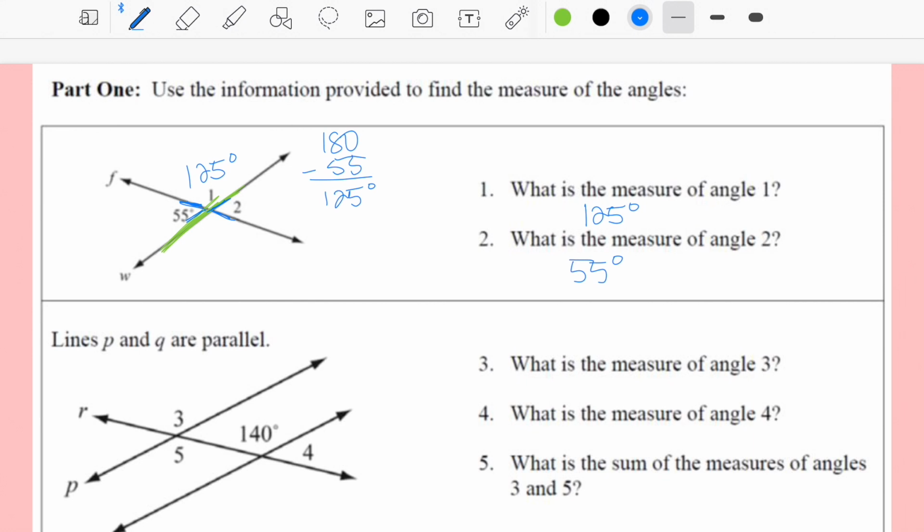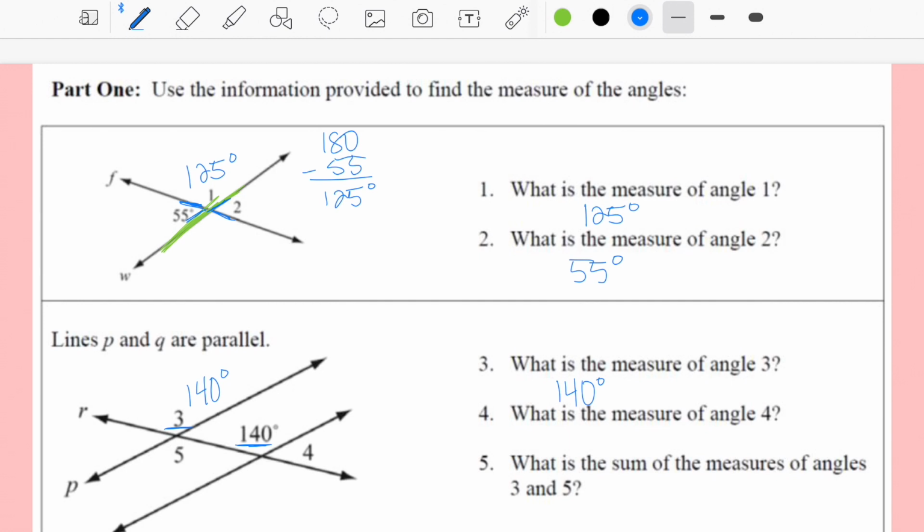For 3, 4, and 5, our measure of angle 3. Guys, remember our angle relationships, and I see that 140 degrees and angle 3 are sitting in the same seat but at a different table, which means they are corresponding angles, and corresponding angles are congruent. So angle 3 needs to be 140 degrees.